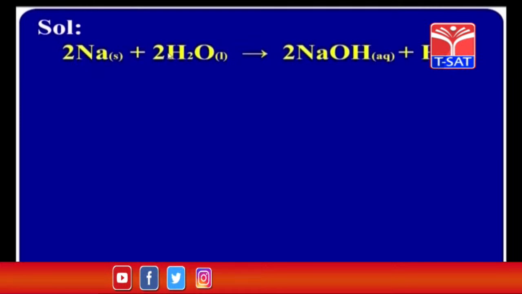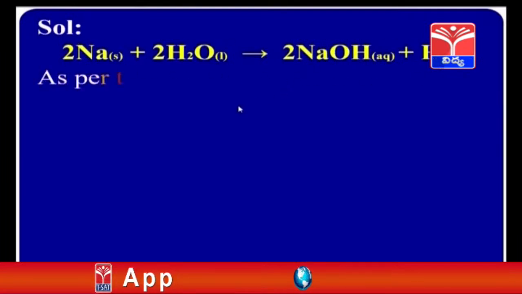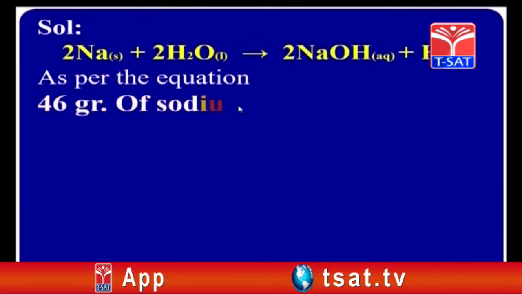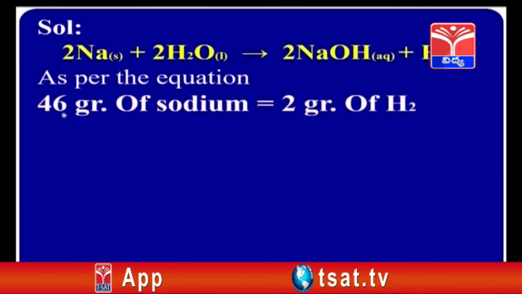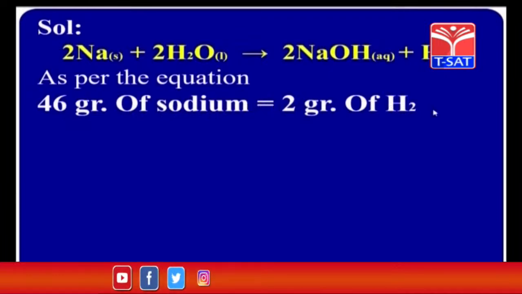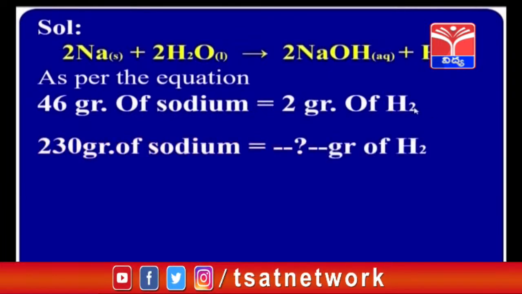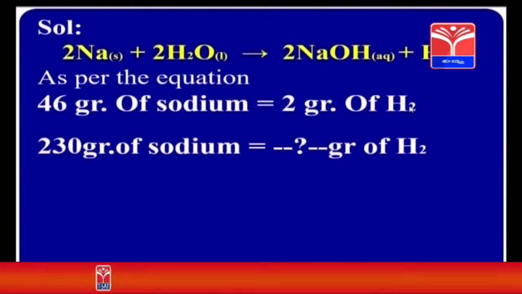So now let us write the chemical equation between sodium and water. 2Na plus 2H2O gives rise to 2NaOH plus H2. It is a balanced chemical equation. From this equation, we get the information that 46 grams of sodium is equal to 2 grams of hydrogen. Then 230 grams of sodium is equal to how many grams of hydrogen?